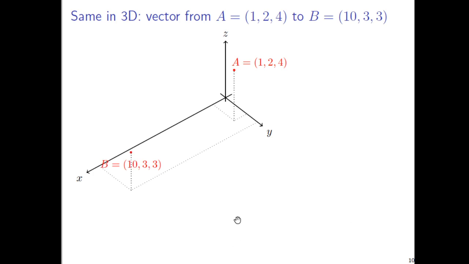Okay, then I'll draw the point B as 10, 3, 3, meaning 10 units along the x-axis, 3 units along the y-axis. There's this point on the floor, as I like to call it, where z is equal to 0. So this is 10, 3, 0, but we're going to move 3 units up from there.